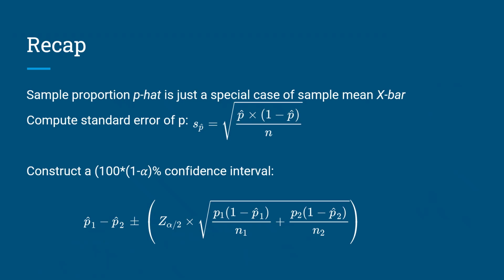So to recap what we've covered here today, the sample proportion, p hat, is just a special case of the sample mean, x bar. The main difference between this and the interval ratio variables that we worked with earlier is that we need to calculate the standard error for proportions a bit differently than the standard error associated with population means for interval ratio variables.